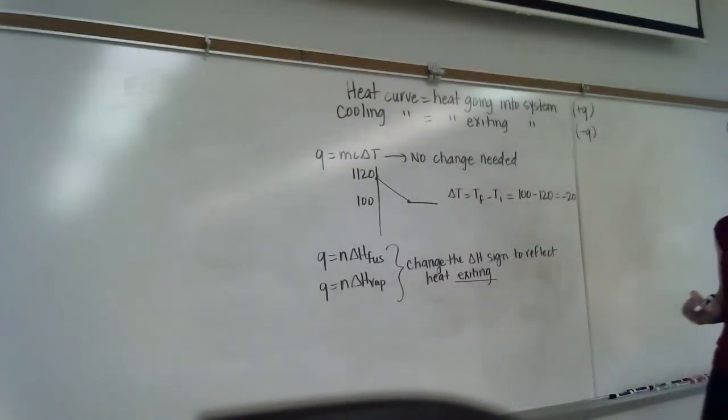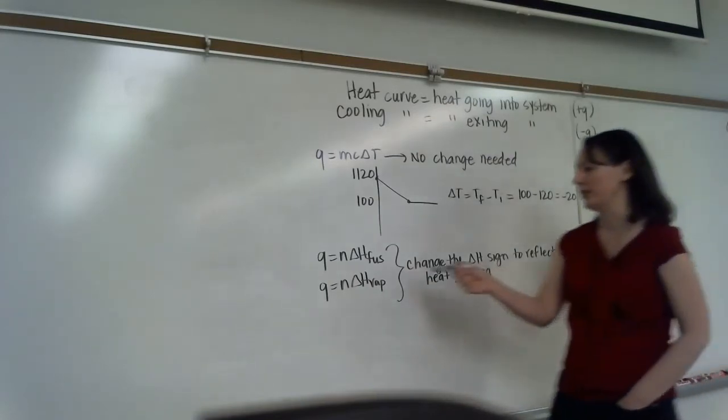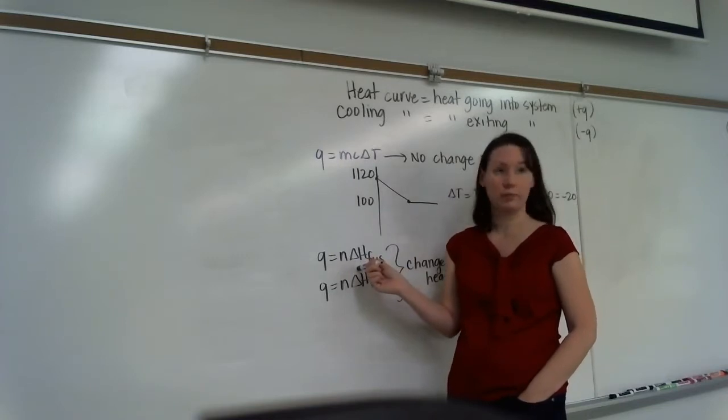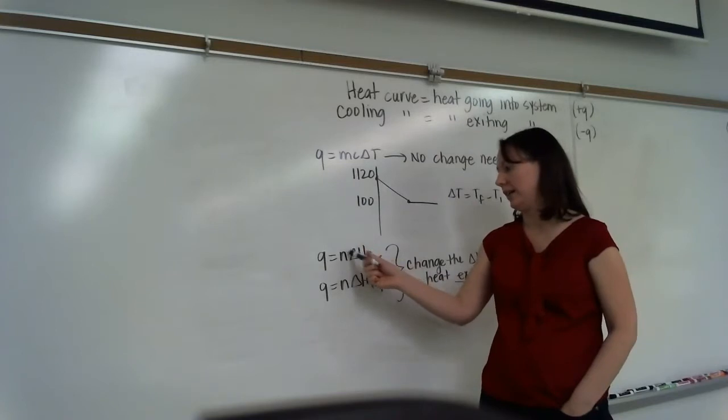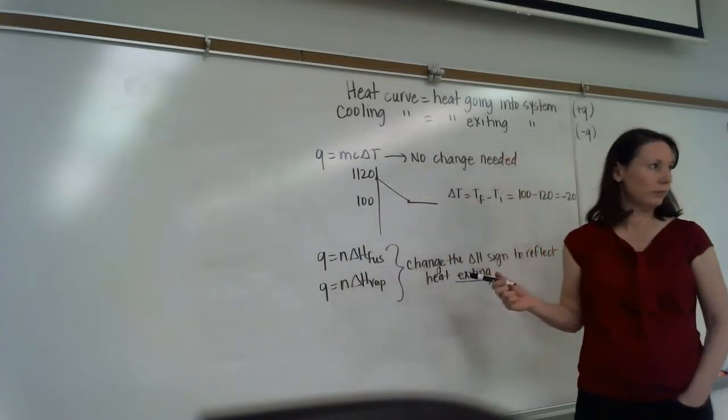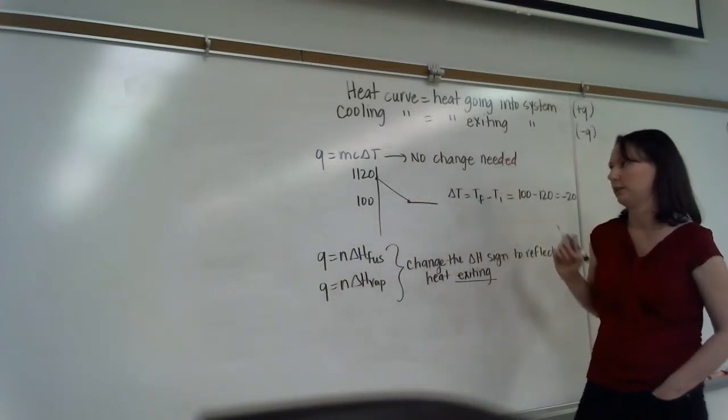Exothermic, heat is leaving. Because heat of fusion is the same thing as enthalpy of fusion, that's heat. So if this is heat that I am removing, you need to change this sign to negative if you are cooling down, because that's heat you have to extract.